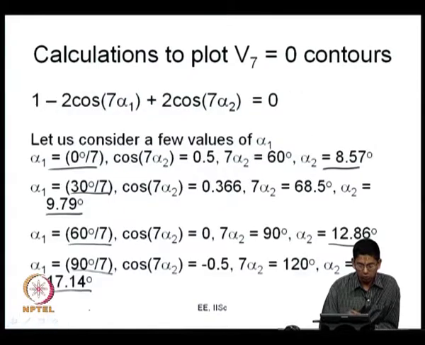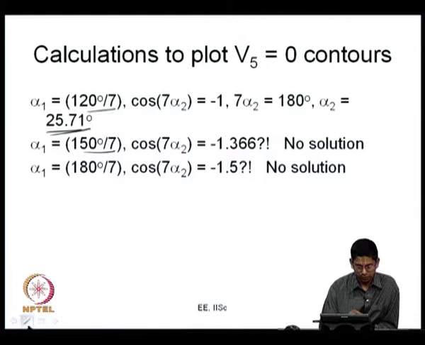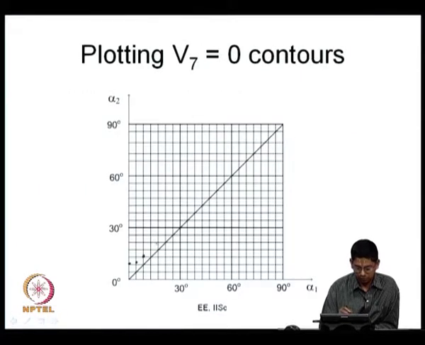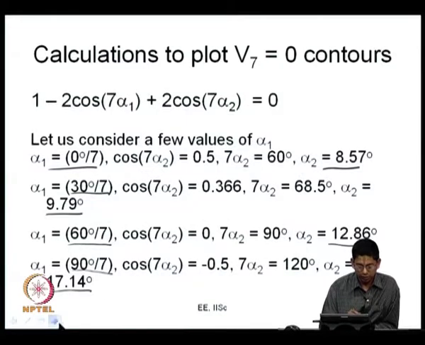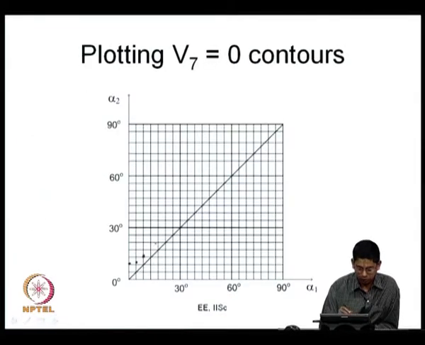So, if I go to 90 by 7, which is roughly 13 degrees, alpha 2 is 17.4 degrees. So, it is somewhere like that.